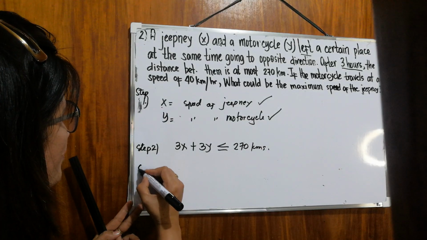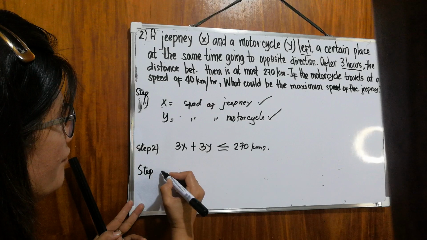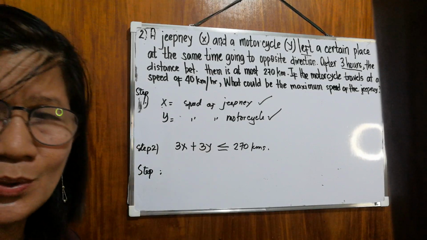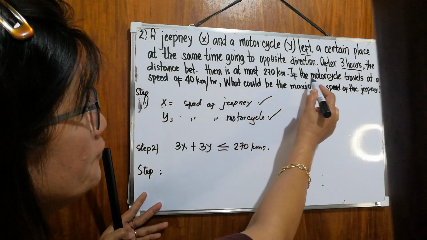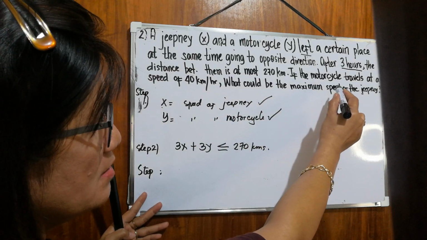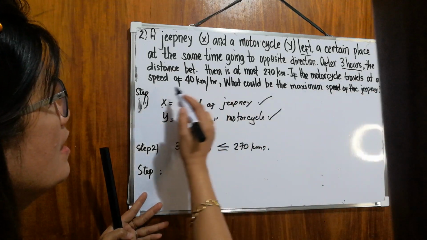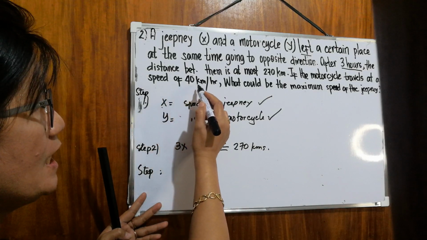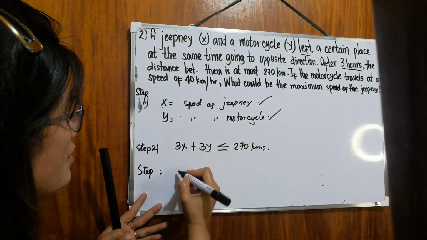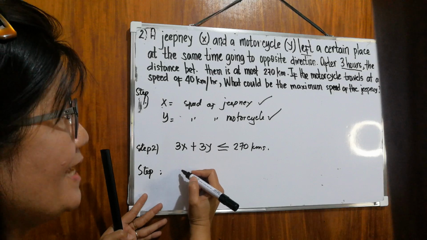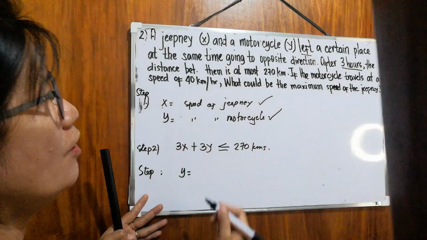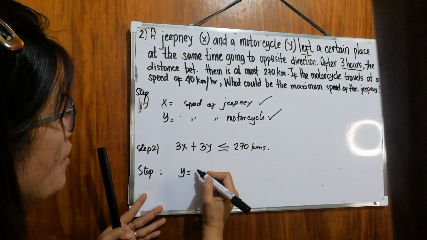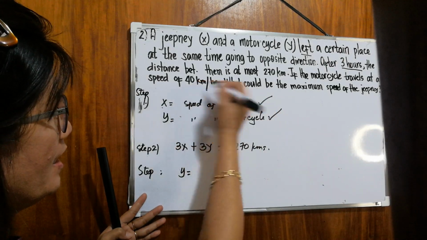Okay. So we translated the problem into mathematical expression. Then, step number 3, we will identify ano yung given at ano yung hinahanap. So, if motorcycle travels at the speed of 40 km per hour, so given si y. Ano yung y? The speed of the motorcycle. What is the speed of the motorcycle?